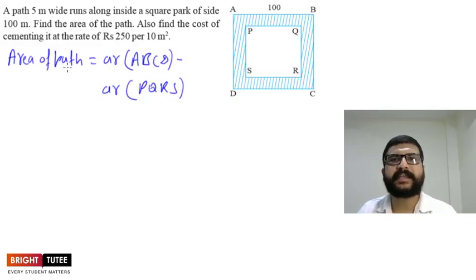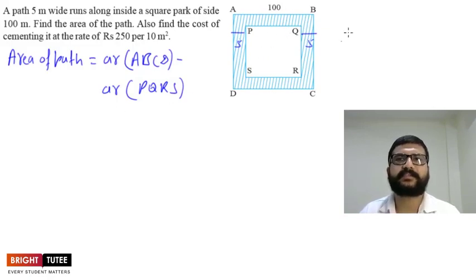So for finding the area of the path, we are finding the area of the outer square whose side length is 100, and then we will subtract the area of the inner square whose side length is PQ. Now how can we find PQ? We know this is 5 meters wide and this is also 5 meters. So it will be 100 minus 5, and that will be 90. So PQ is equal to 90 meters.